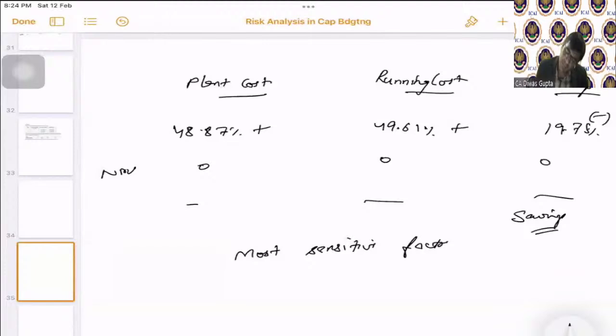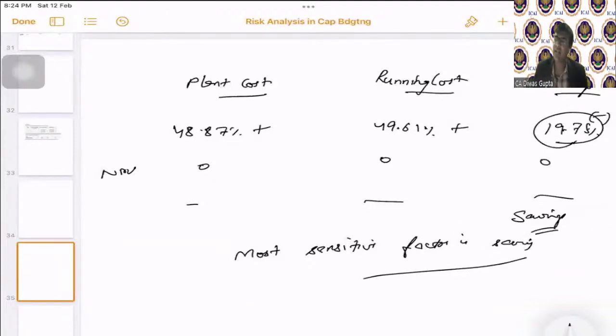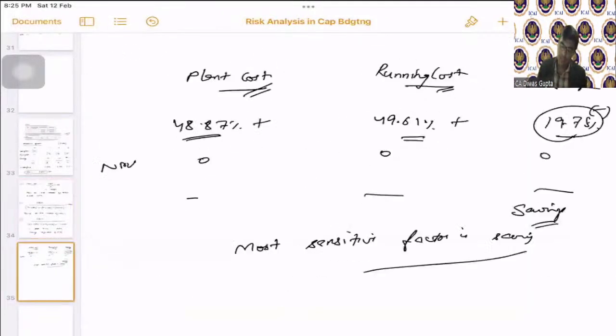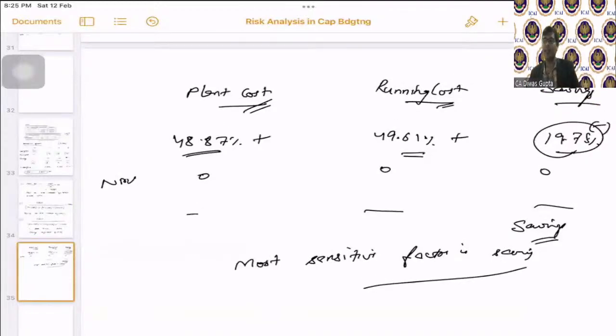Why? Because by changing only 19%, it is able to make NPV 0. However, for the plant and running cost, they have to change higher. That means the NPV is not that sensitive to plant and running costs compared to the savings, because savings only 19.75% can bring a big change in the overall NPV.